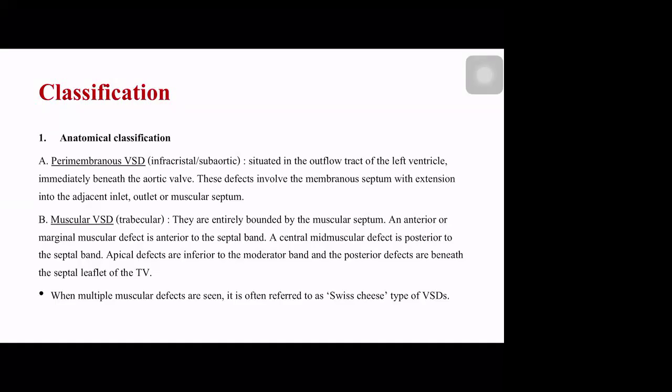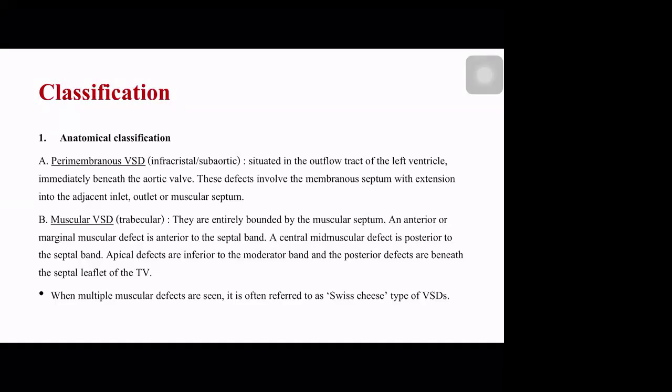Number one, septal band and the moderator band. Septal band and moderator band both are parts of the right ventricle, which are the anatomical landmarks. Based upon their location, muscular VSD can be reclassified into either anterior or central, apical, or the posterior.